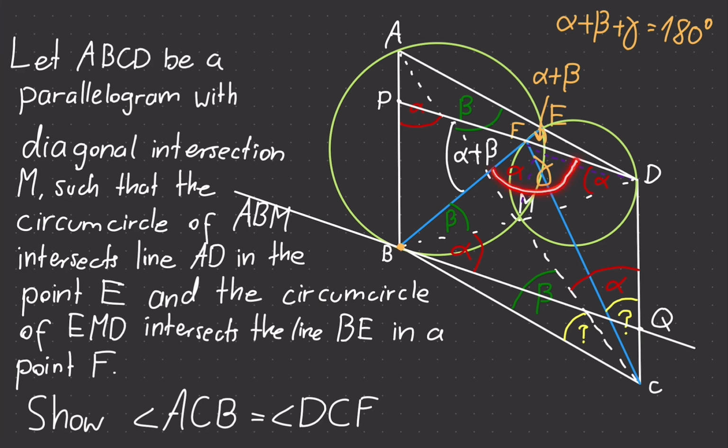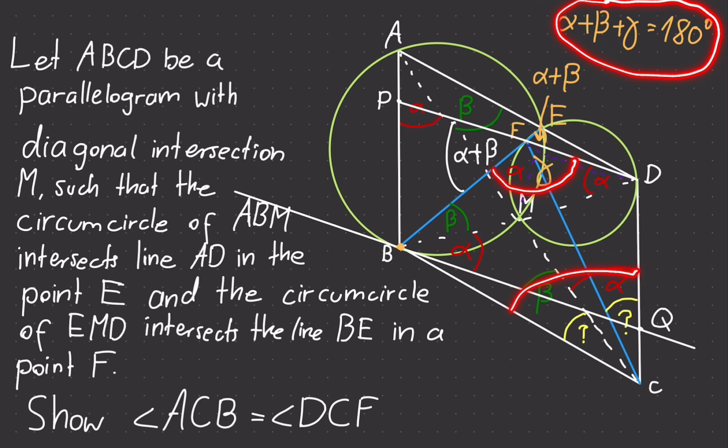We are going now to look at the quadrilateral B, F, C, and D. So in correct order, B, C, D, F. What is so special about this quadrilateral? Well, this angle and the opposing angle, which is exactly alpha plus beta, equal 180 degrees. So this quadrilateral is concyclic.